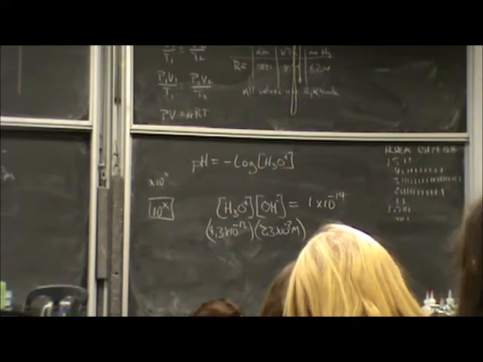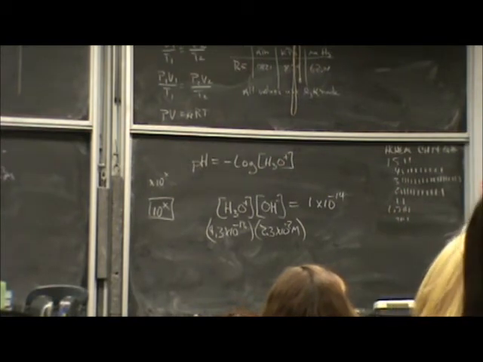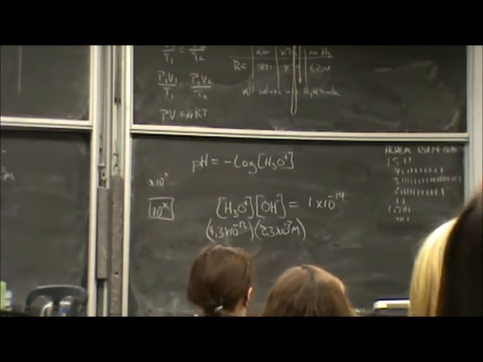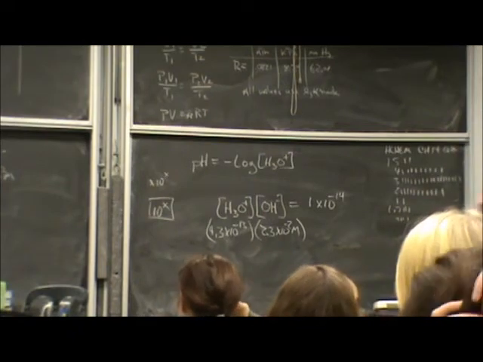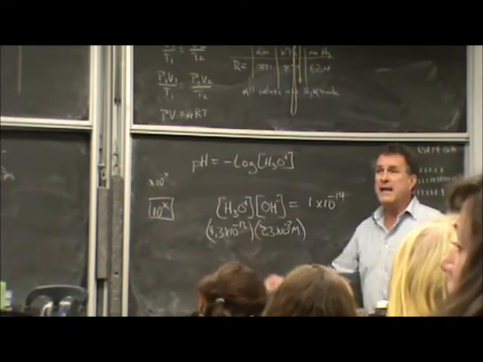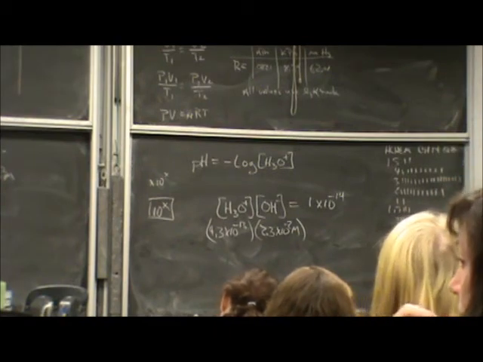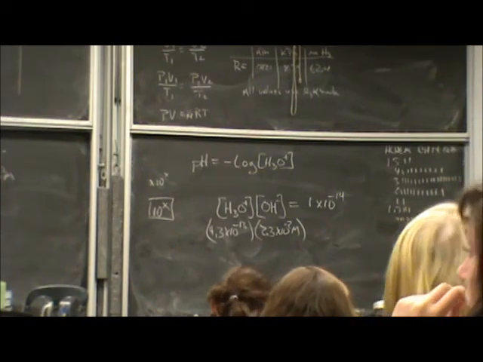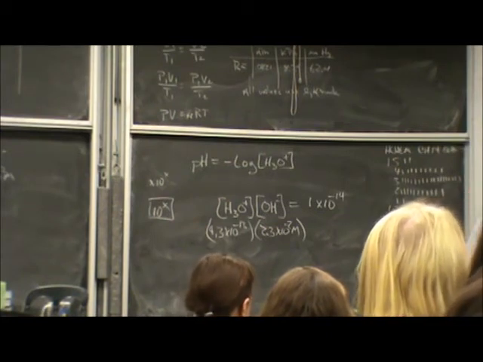Well, first of all, the logarithm of 1 is 0. 10 to the 0 power is 1, right? So the logarithm of 1, if you had a 1 molar solution of hydronium ion, its pH would be 0. So if you had a 10 molar solution of hydronium ion, the logarithm would be 1 and the pH would be negative 1. And change the sign to pH.